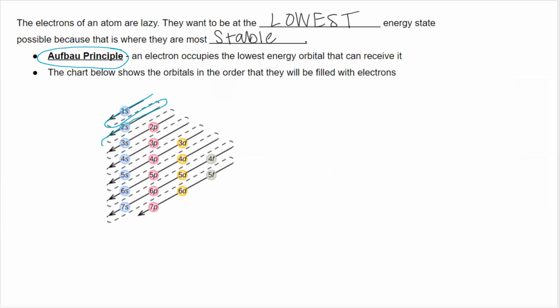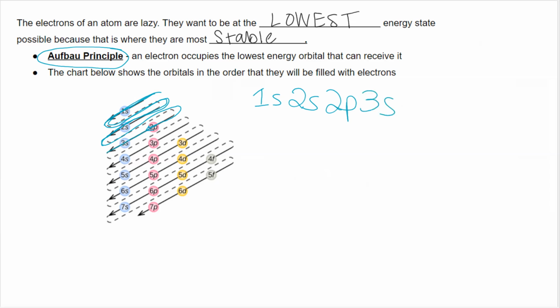If we follow the arrows, the first orbital to fill would be the 1s orbital. The next orbital to fill would be the 2s orbital. And then the next would be the 2p orbital. And then the next would be the 3s orbital.